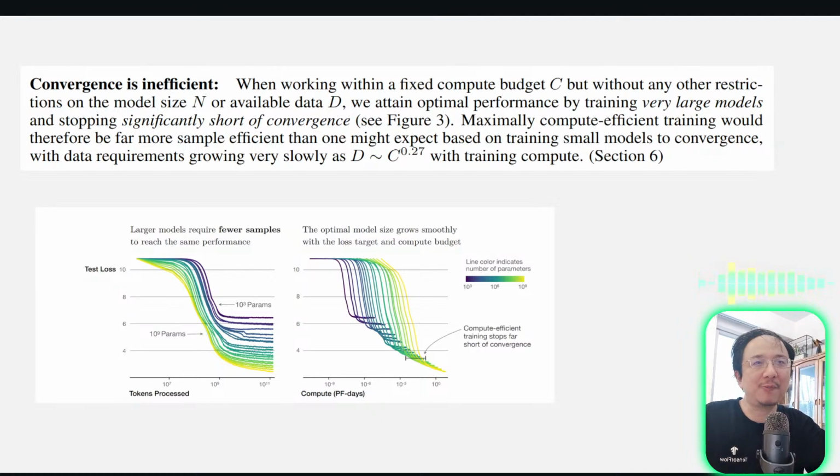So if the budget is limited, then it is preferable to have a larger model and stop it in a short time.